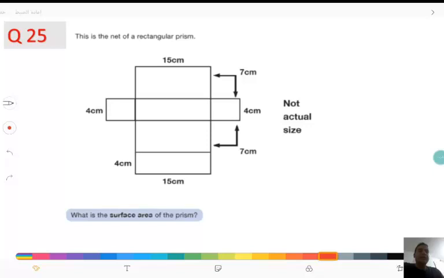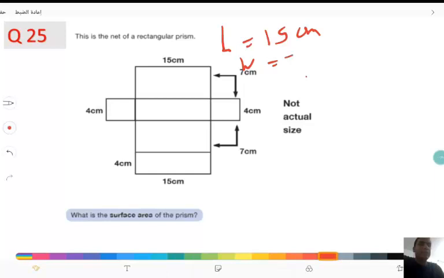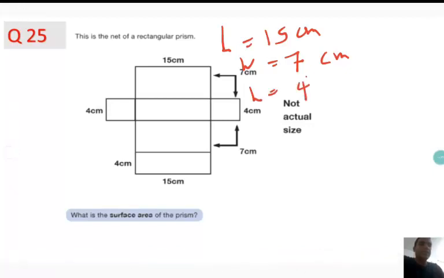This is the net of a rectangular prism. From the net here, we can find the length, the width and the height of the cuboid or rectangular prism. What is the surface area of the prism? It's so clear. Length is 15 centimeter, width is 7 centimeter, and the height is 4 centimeter.